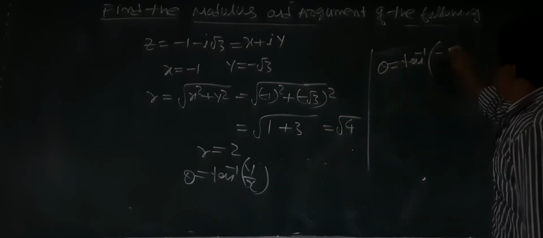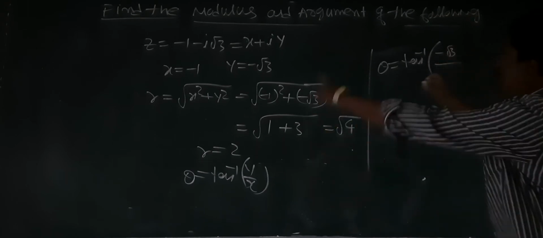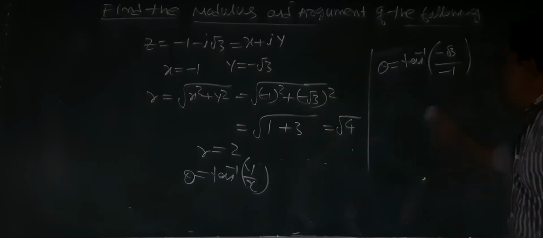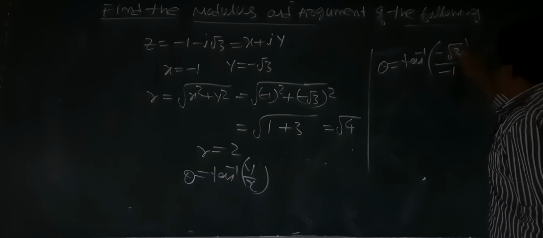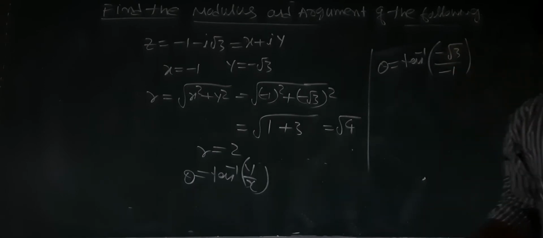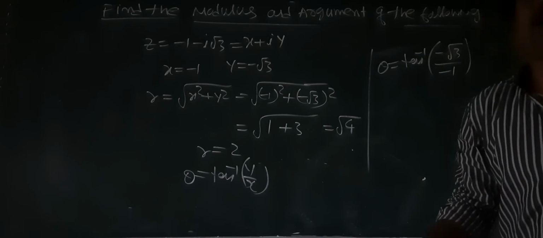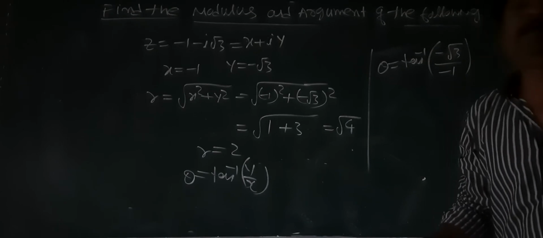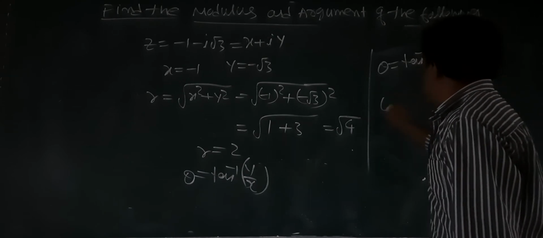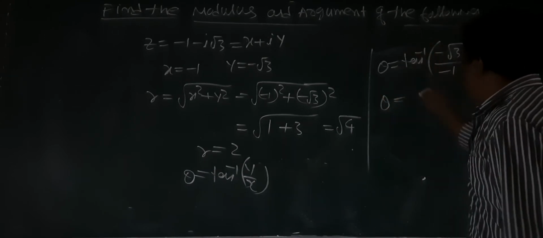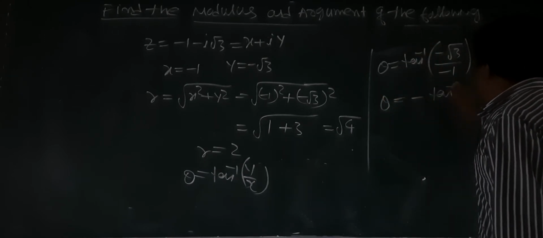Y is minus root 3, x is minus 1. Just before I told you, put the numerator minus directly outside, and for the denominator minus use pi minus. Use that logic. Put minus outside, minus tan inverse.